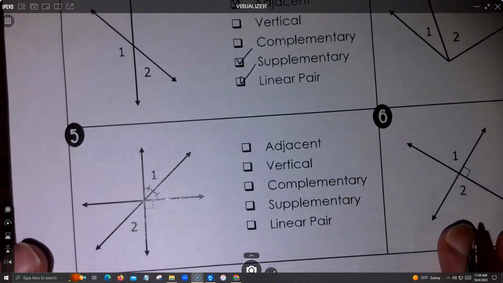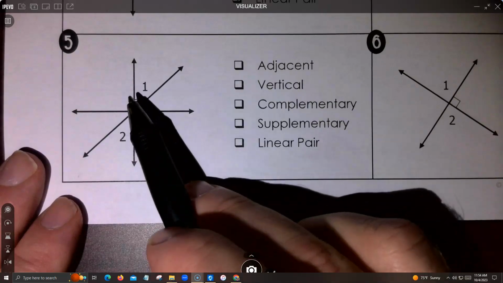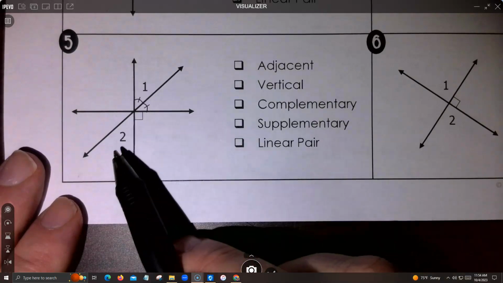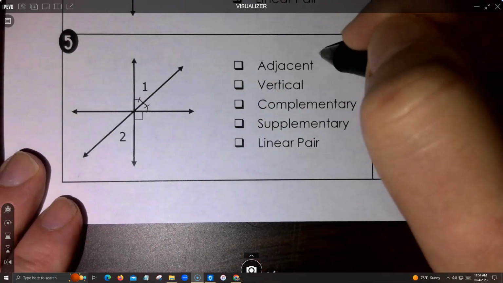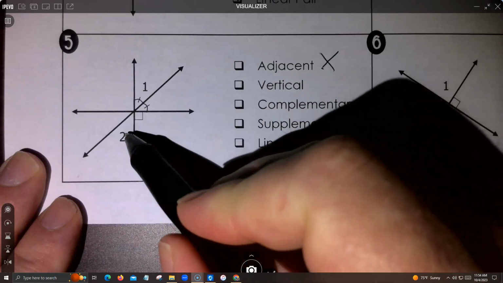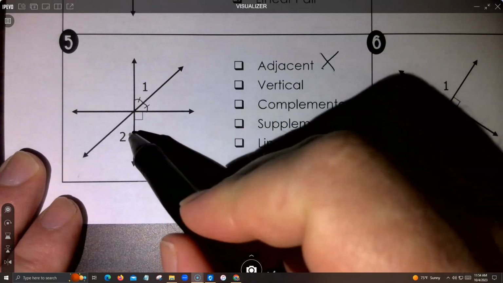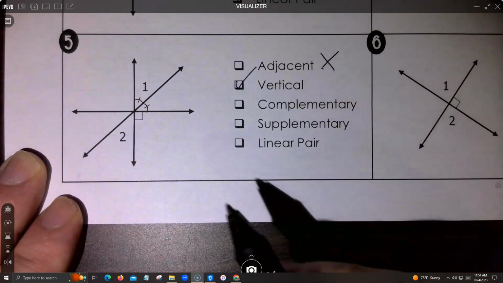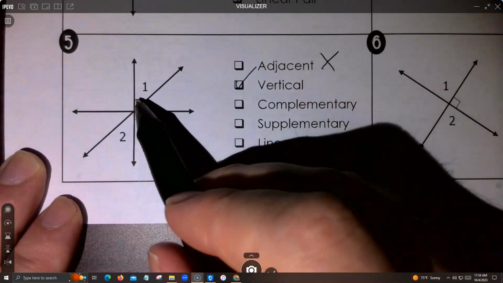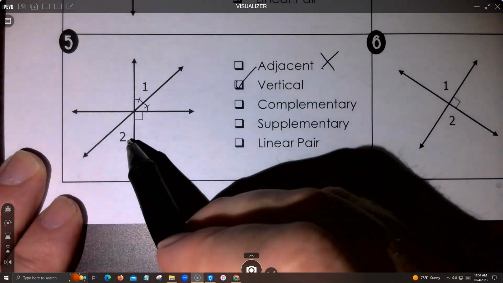Okay, number 5. 5 looks a little complicated, but we'll see what happens. All right. So first is angle 1 and angle 2. Are they adjacent? Do they have a common side? Nope. Okay, so this time this is out. Verticals. Okay, they are vertical because they're across from each other. Exactly across from each other. They have to be exactly across from each other. So they are vertical. Okay, do we know that angle 1 and 2 add up to be 90 degrees?